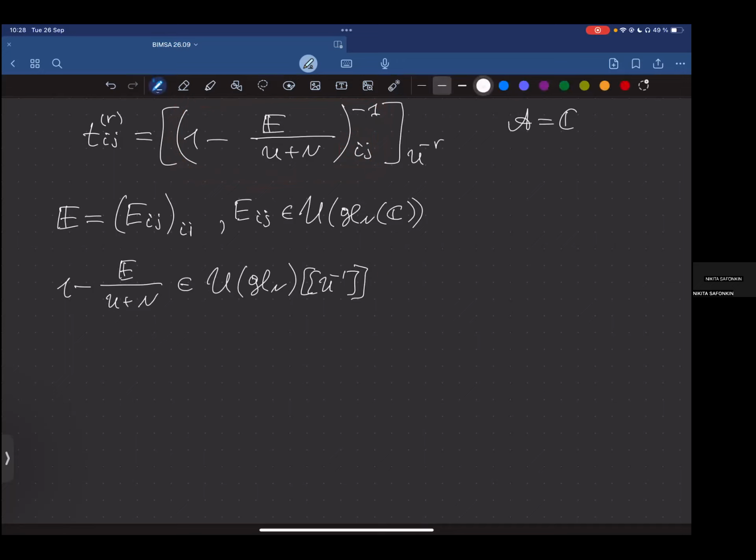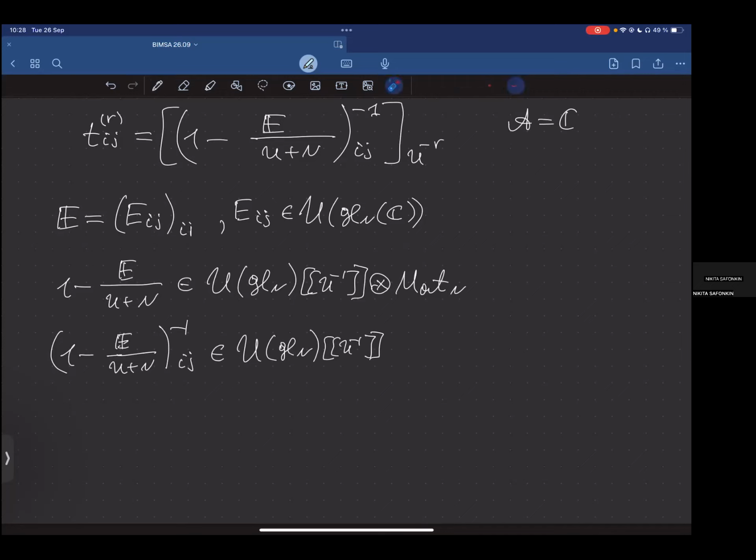Probably I should have written matrices here as well, right? Then this is an element of this power series. And the last thing we should do is to take its coefficient with respect to the u to the minus r component.